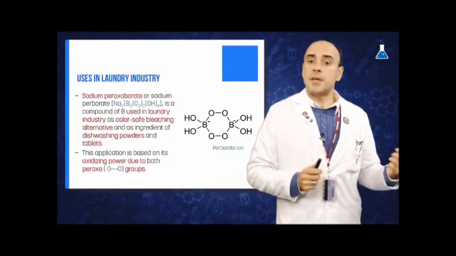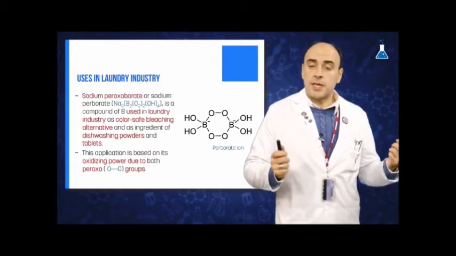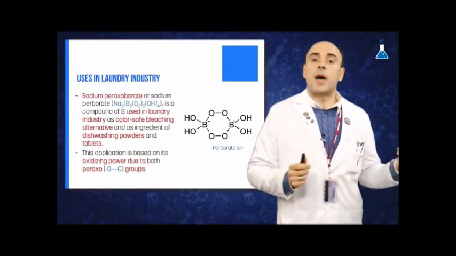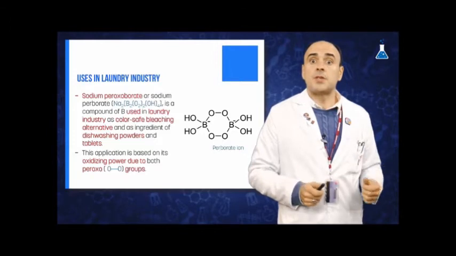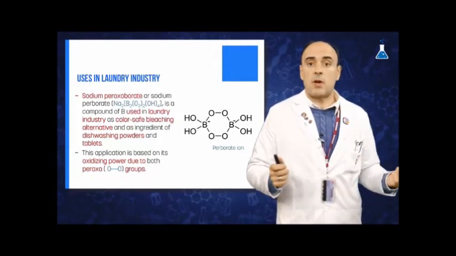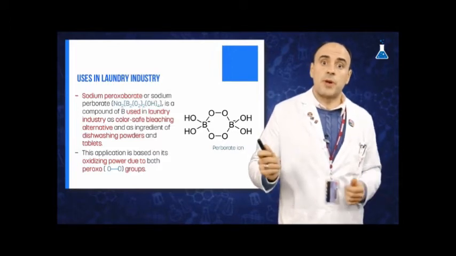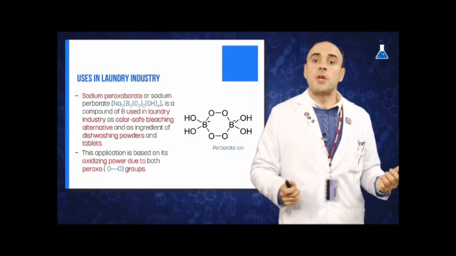Sodium peroxoborate is used in the laundry industry as a color-safe bleaching alternative and as an ingredient of dishwashing powder and tablets. This application is based on its power as an oxidizing agent as a result of two peroxide groups linking the boron atoms.